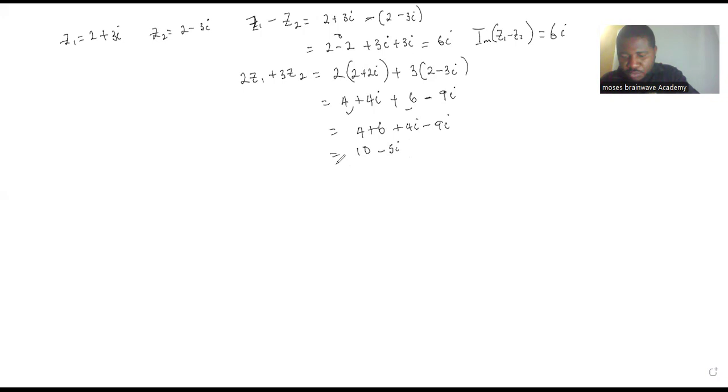Now we can move on to more examples. Let's multiply 2 plus i by 3 minus i. Good.